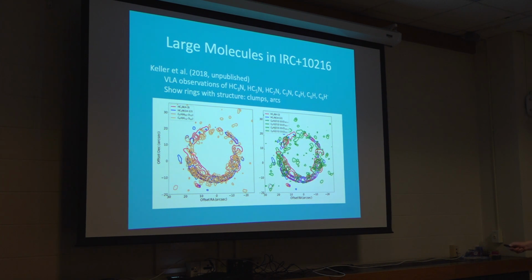She's taken azimuthal averages around this to work out where these rings sit, and in general, she's finding that the bigger molecules sit slightly outside the smaller molecules, and she's done the same for some of these other pure hydrocarbon chains. But you see that the distributions are extremely clumpy.